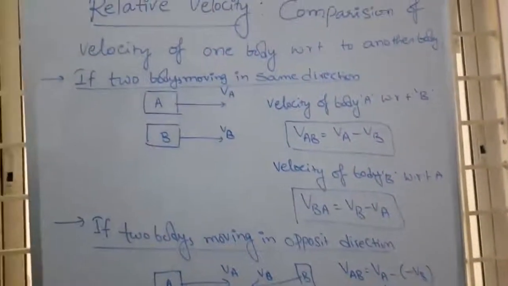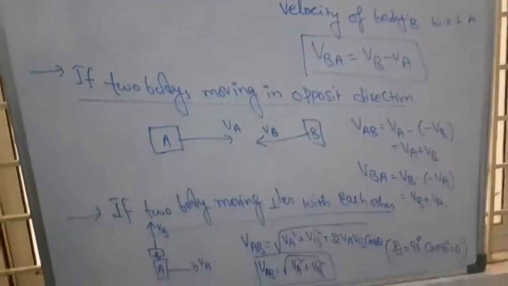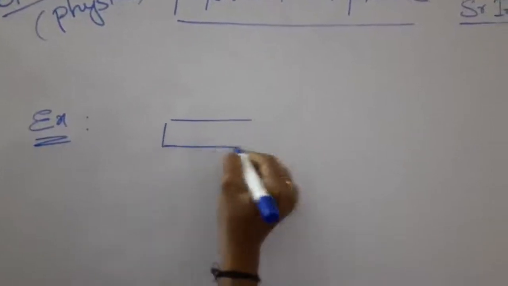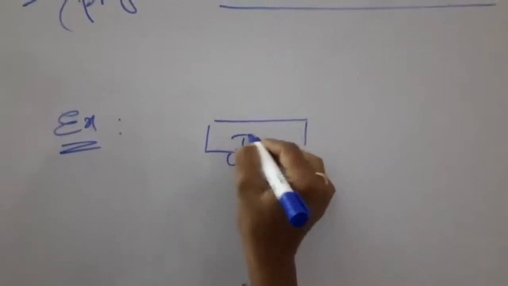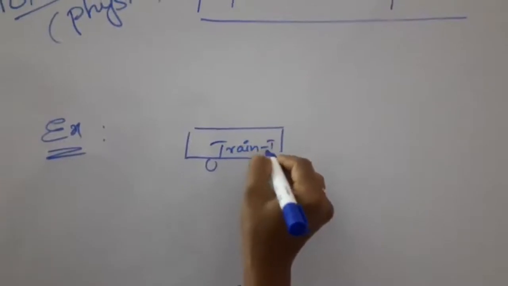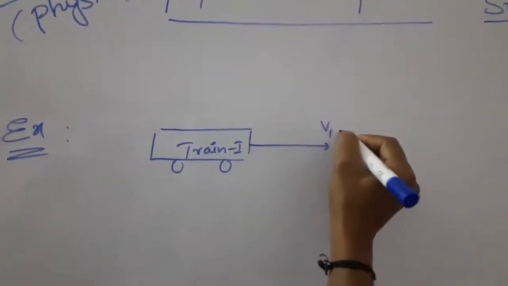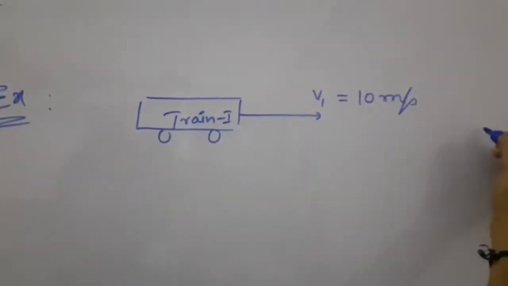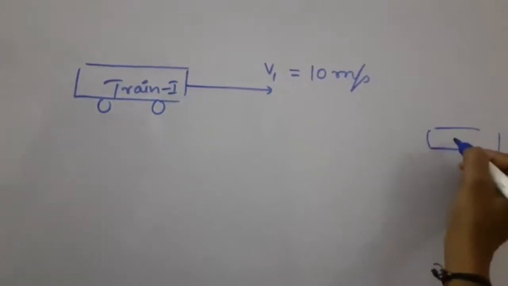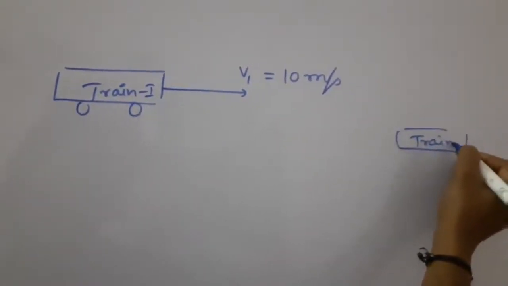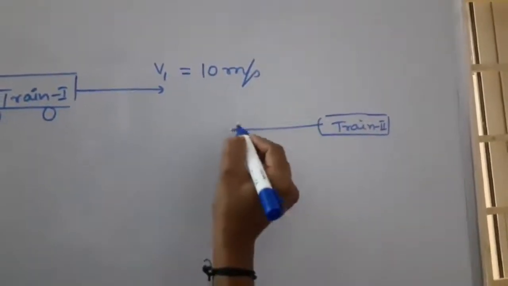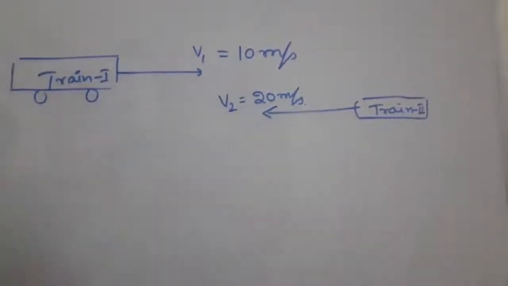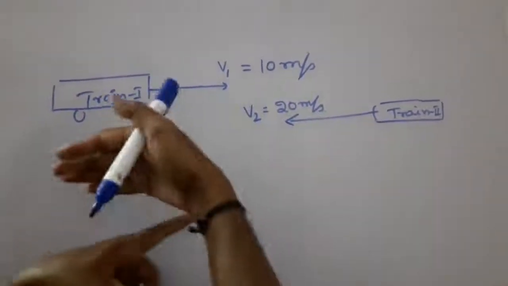Next, examples. Here are two trains. Train 1 is moving with a velocity v1 equal to 10 meters per second. Train 2 is moving with a velocity of 20 meters per second in the opposite direction, which means they are crossing each other.